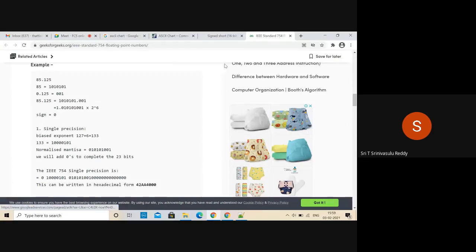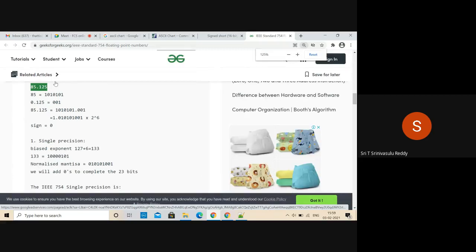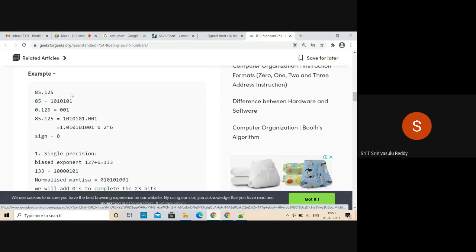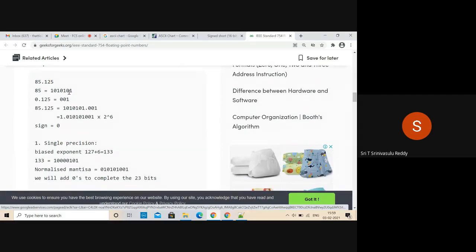You can see here 85.125. This is the number you want to represent, let us say. In terms of binary, 85 you need to first represent, and 0.125 you have to represent separately. All of you are familiar with the conversion of decimal number 85 into binary form, and this is 1010101.